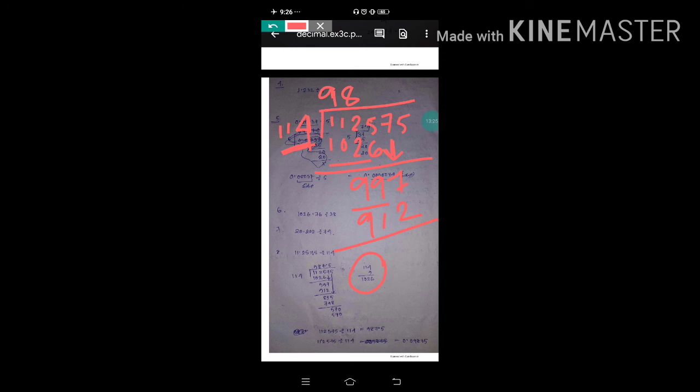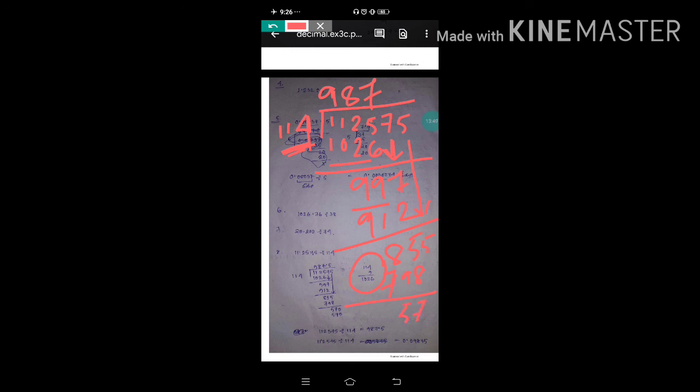Then you get 85 here. Here 114 is given, so this 5 will directly come here. So that means 855. Again we have to take 7. So 7 if I multiply then I will get 798.